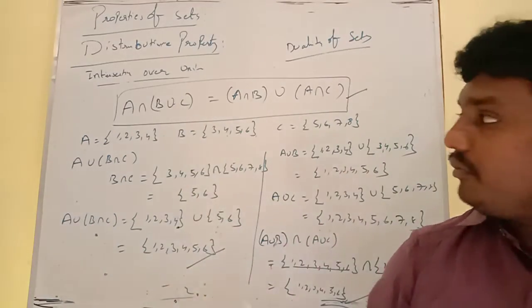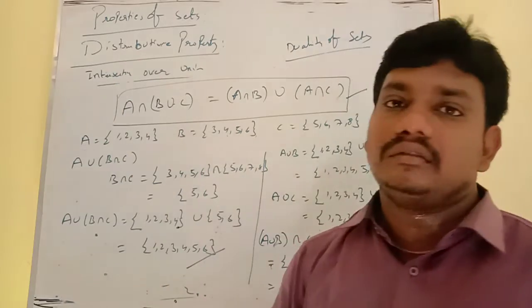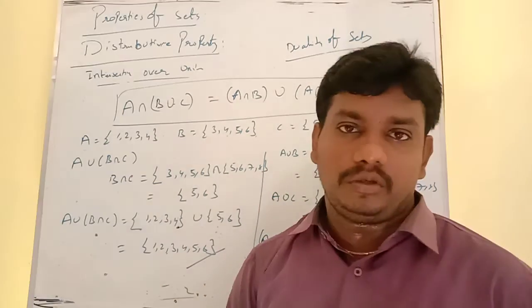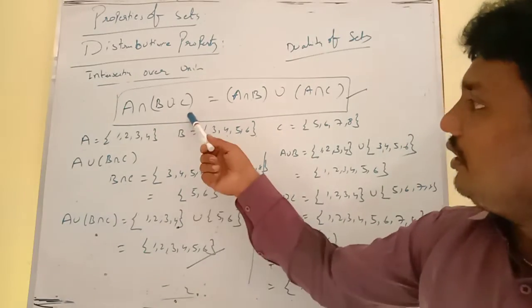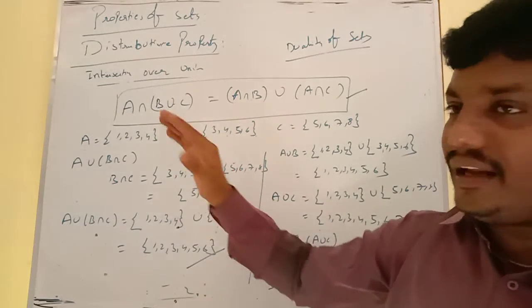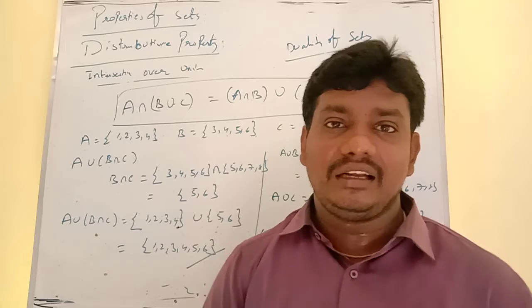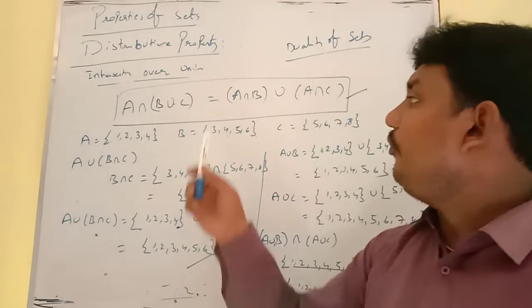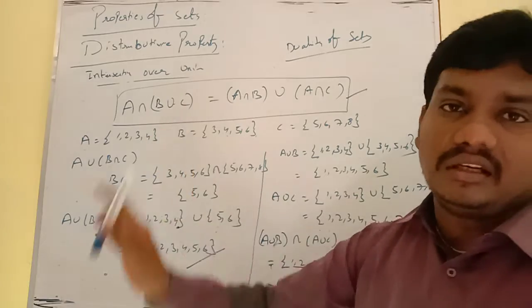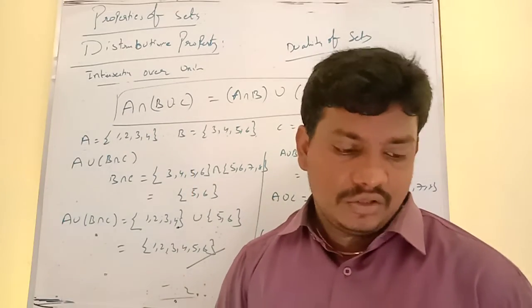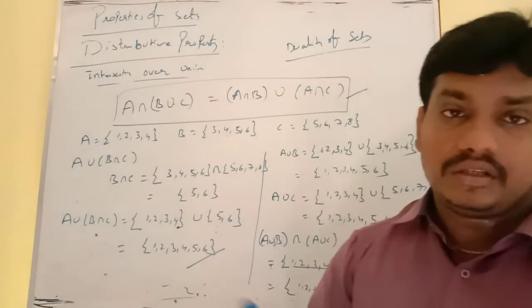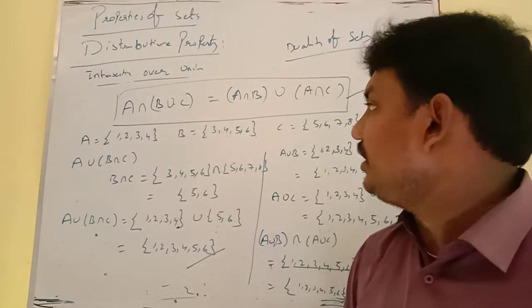In any formula or property we consider, if you change union as intersection and intersection as union, then we get the same results. This is called duality of sets. It is also a very important point.